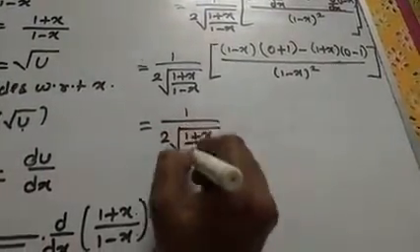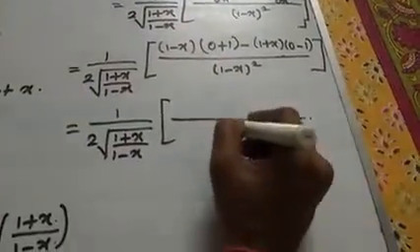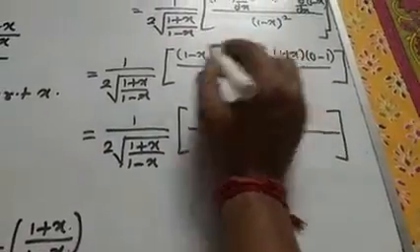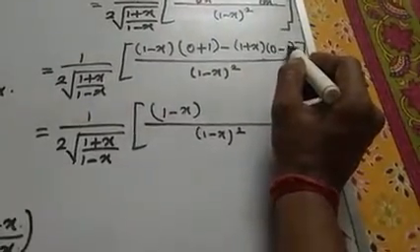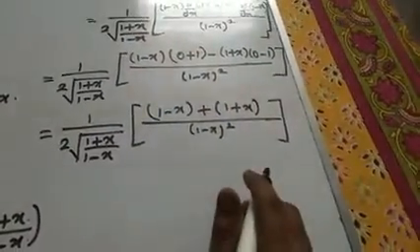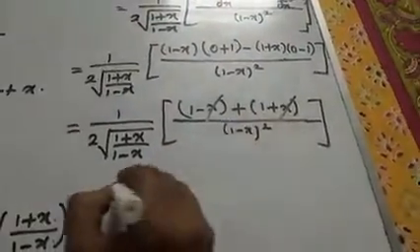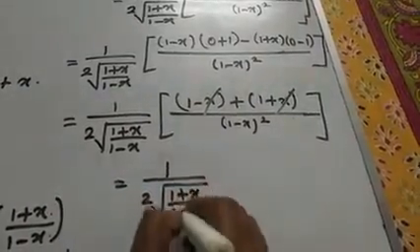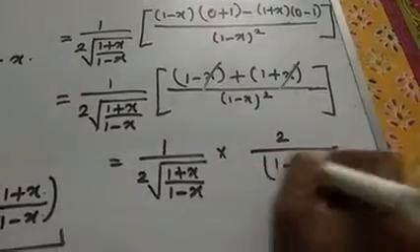1 plus x by 1 minus x, 1 minus x whole square, 0 plus 1 is 1, 1 into 1 minus x, 0 minus 1, minus 1 minus 1 becomes plus, 1 plus x, and here plus x minus x will cancel, 1 plus 1 is 2, so that is 2 by 1 minus x whole square.